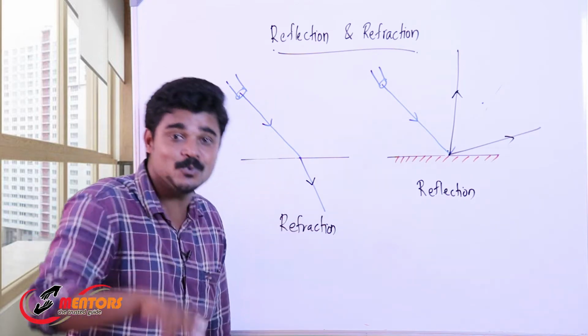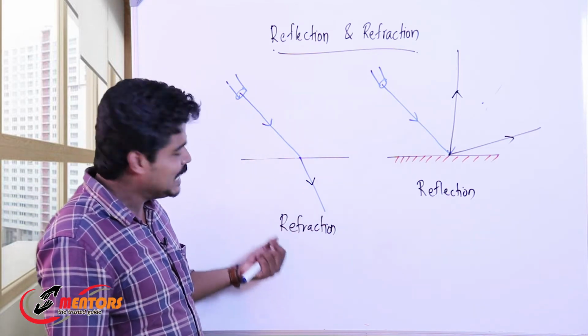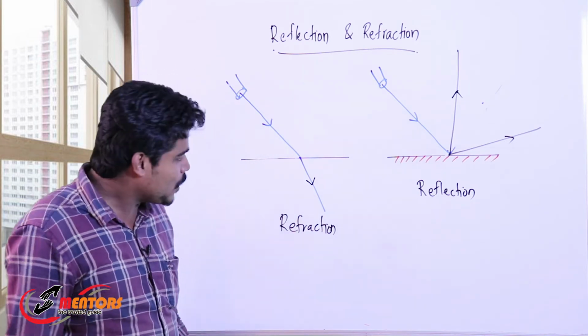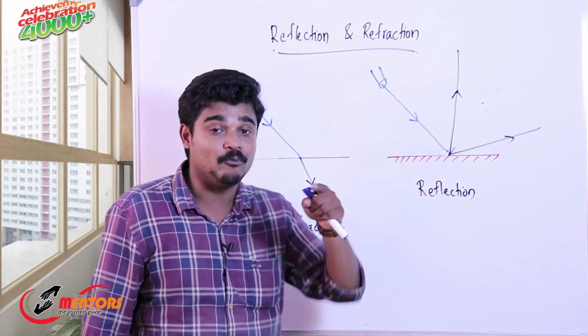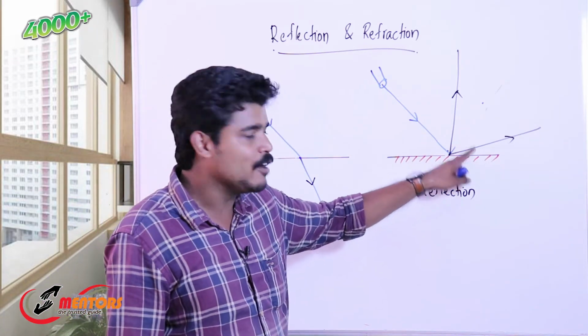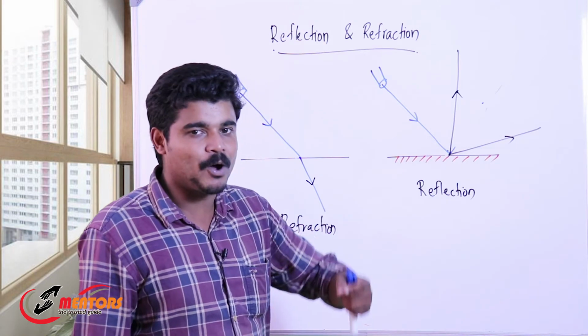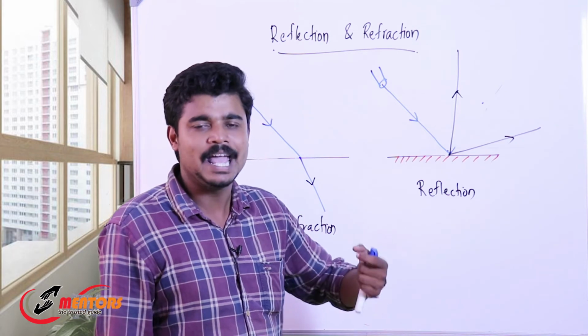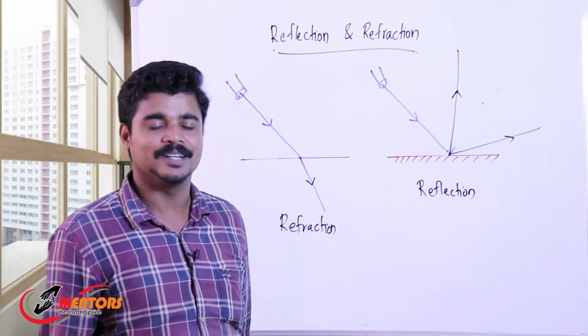Why? That is what we will explore in the detailed discussion of refraction. So firstly, let's talk about reflection in detail and why the light is not going as I have drawn here. Now let's talk about the basic things like incident ray, reflected ray, normal, and two major important laws.